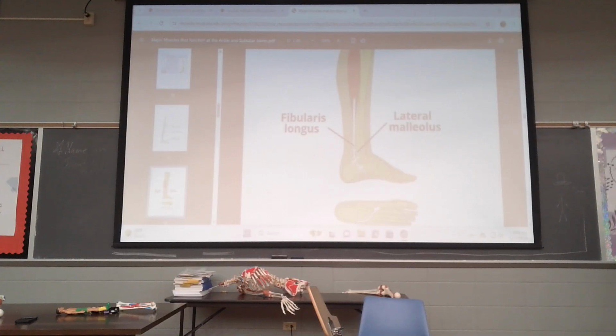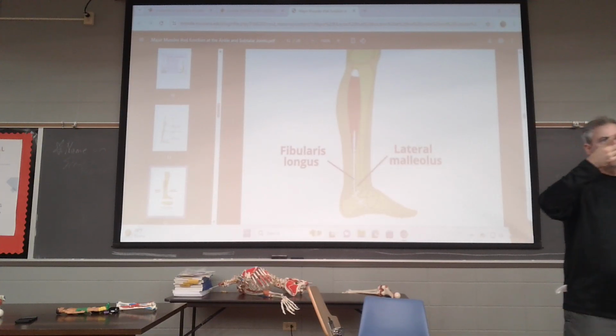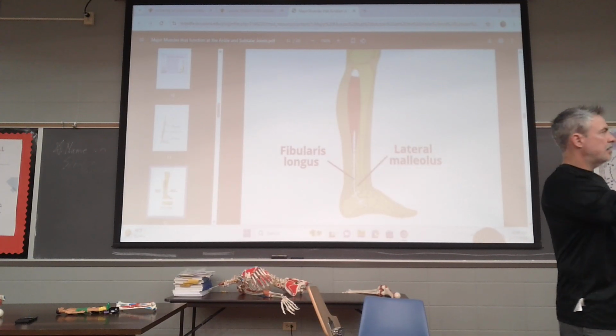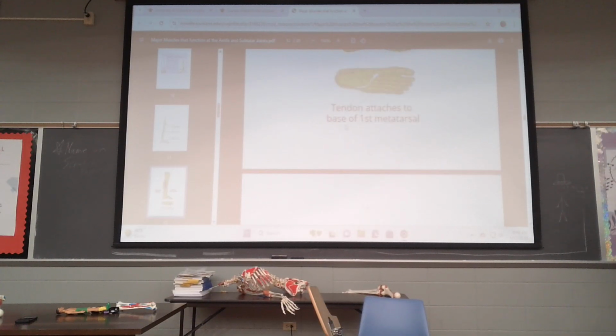They do have different insertions, and again, you'll learn this in grad school. I think the longus goes to the base of the 5th metatarsal, and the brevis goes up underneath to insert on one of the metatarsal heads. So where my cursor is right there, that would be the longus, and then this would be the brevis.